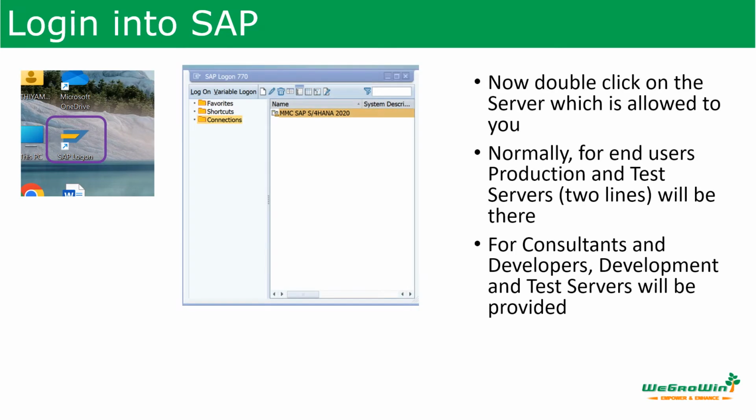Here you will see the servers which are provided to you. Normally the production server will be given to end users. Power users will be given the production server and the test servers. Consultants will be given the development server and quality servers. Depending on the server given to you, you need to select which server is applicable to you.